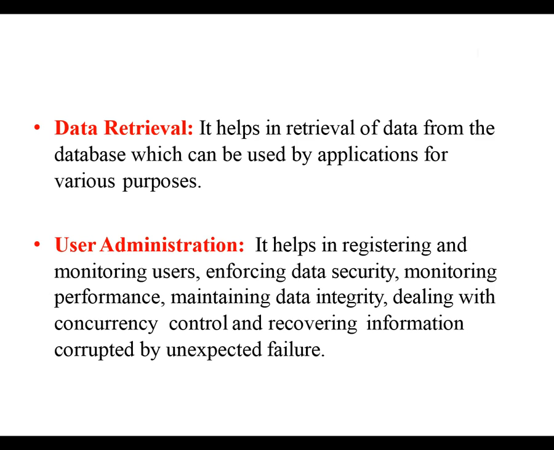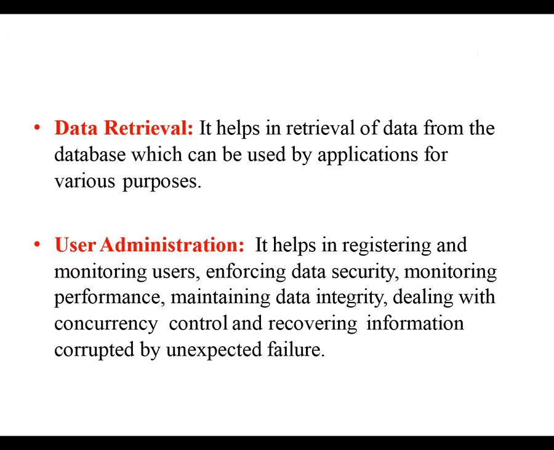Next, monitoring the performance. Why do we monitor the performance? Because your application or software is related to performance: it should give the correct result in minimum time, and that is one type of performance measuring. So we have to monitor the performance. Next is maintaining data integrity. In your database we have to maintain integrity, like the uniqueness of your data, and you have to reduce the redundancy of your database.